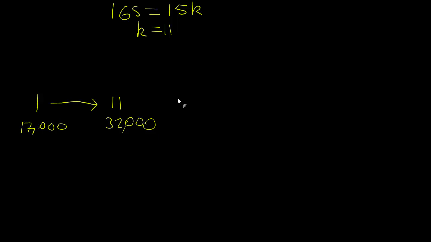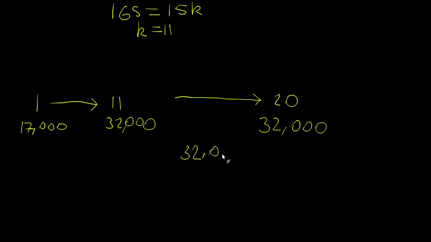From the 11th up until the 20th year, she was earning the same amount, so every year it's £32,000. It's pretty simple to work out the total between the 11th and the 20th year: it's just 32,000 times 9, because each year she makes the same amount.